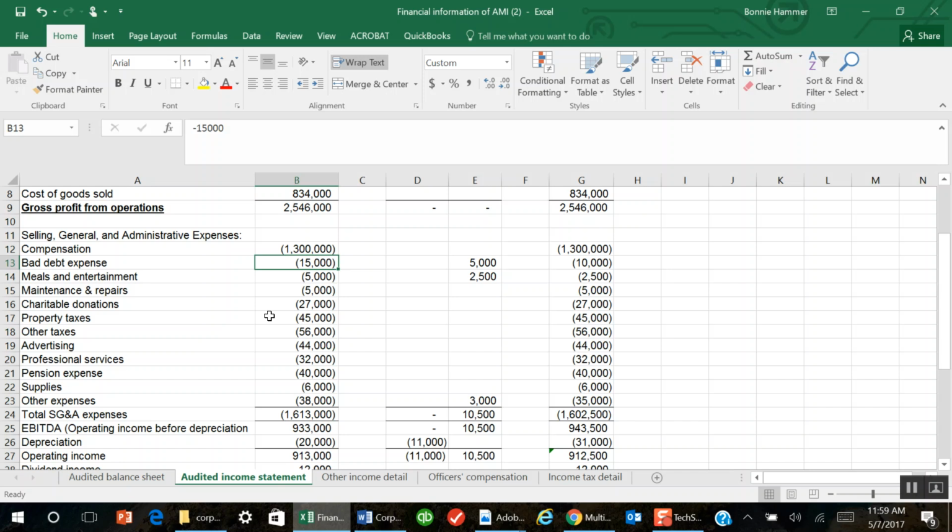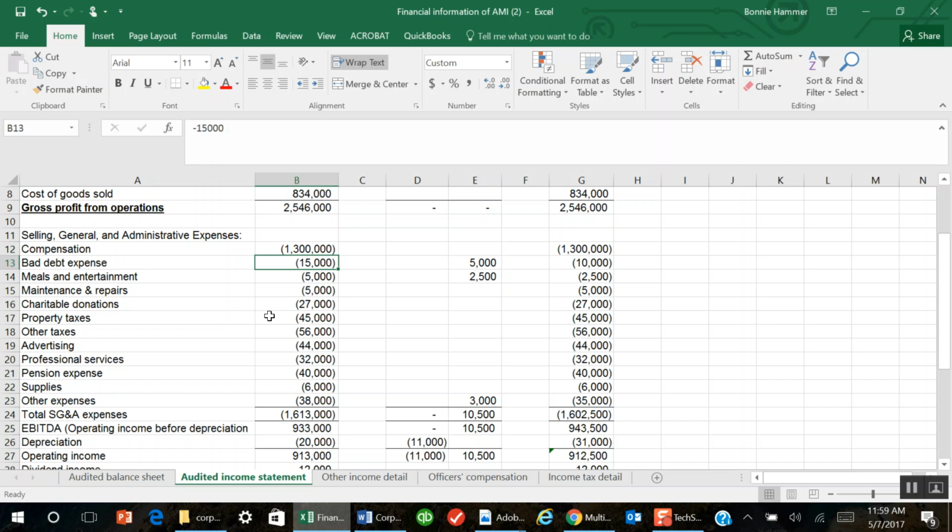One of them is with regard to bad debts. The rule is that you are only allowed to deduct actual bad debts, not bad debts created through a booking to your bad debt allowance account, which is simply a contra account to your accounts receivable. You're only allowed for tax purposes to deduct write-offs to the receivable.